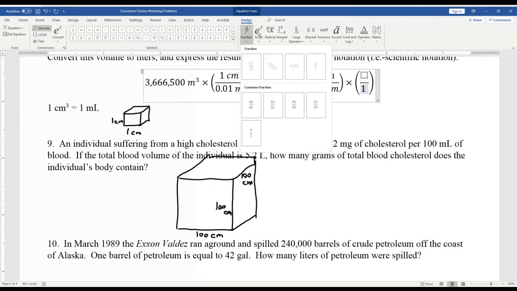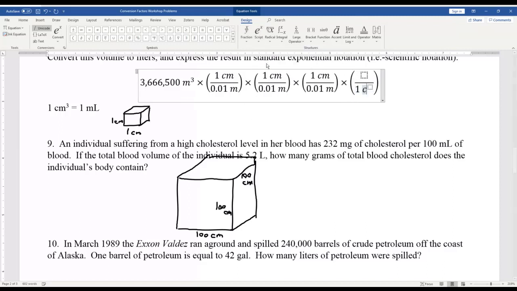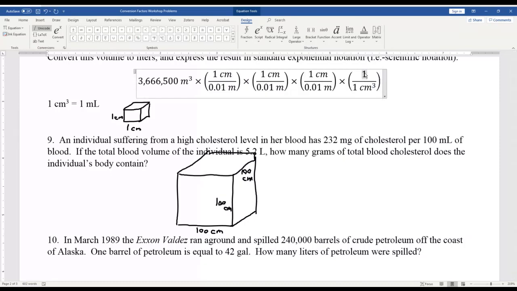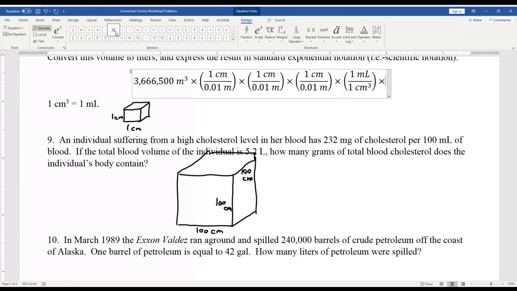1 centimeter cubed is equal to 1 milliliter. And from there, I can convert milliliters to liters.